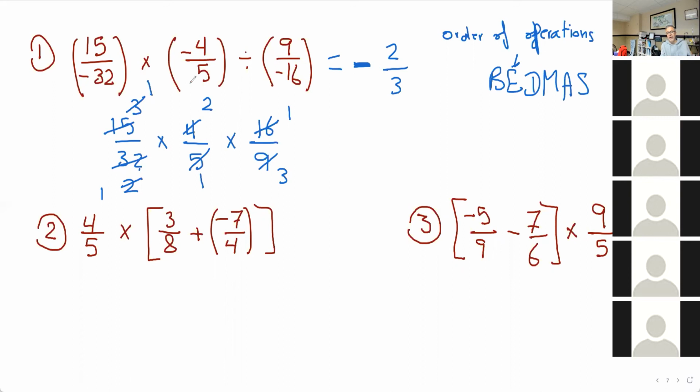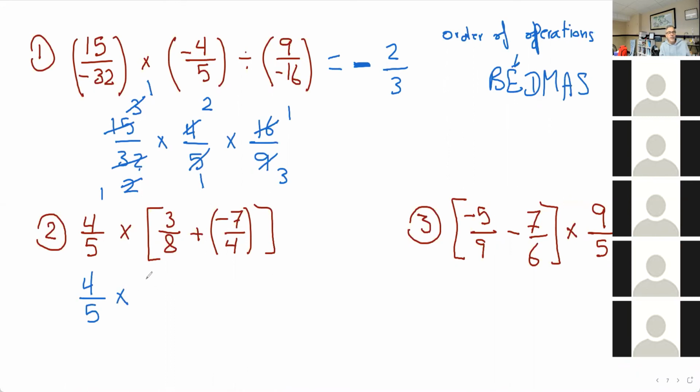When it comes to division and multiplication, the order is you go from left to right. Okay, but anyways, so now let's go to this right here. And now here we have the 4 over 5. Leave that alone. That's multiplication.